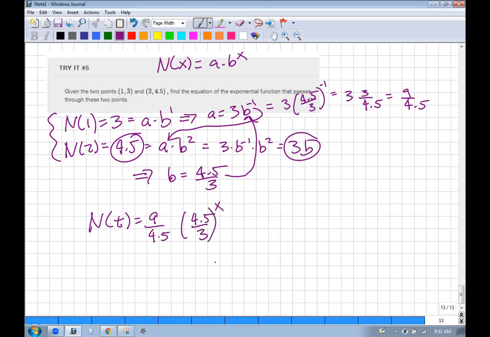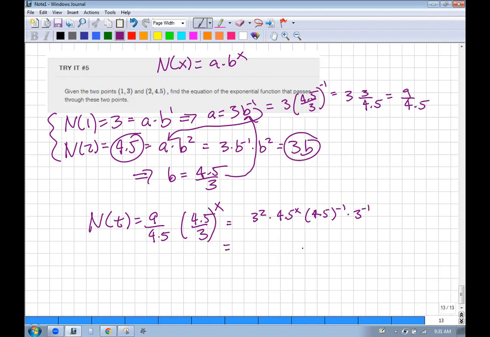And then we need the X value, which we could simplify this a little bit, right? Let's see. 9 is 3 squared. And then we have 4.5 to the X. And we're dividing by 4.5, right? So this is 4.5 minus 1. And then this is 3 to the minus 1.